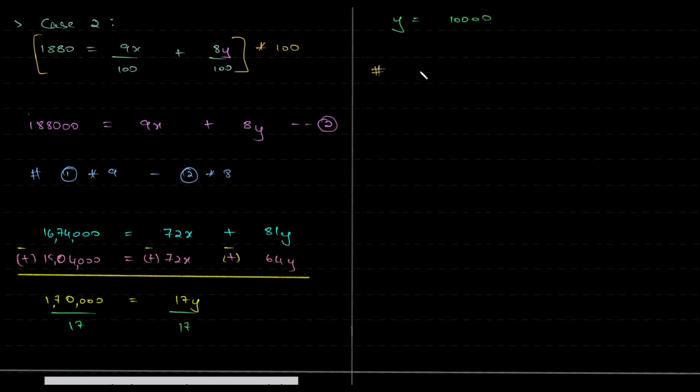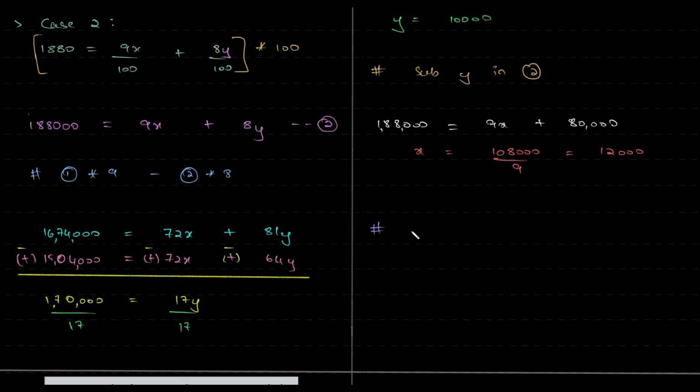Okay, now we have y. I'm going to substitute y in equation 2 itself. Anyways, all of those are big fat numbers, so not a big difference. And 9x plus 80,000, and the difference is, got it. So we have x is equal to 108,000 by 9. This is 12, yeah, I think this makes sense.